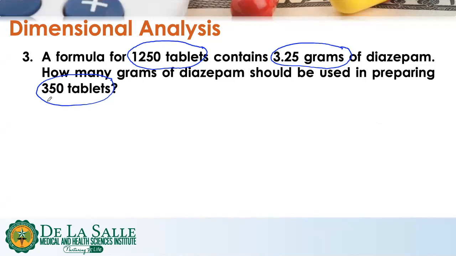So, in solving this using dimensional analysis, we begin with 350 tablets.